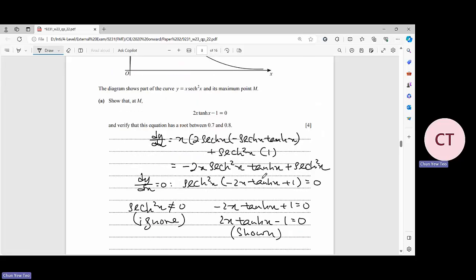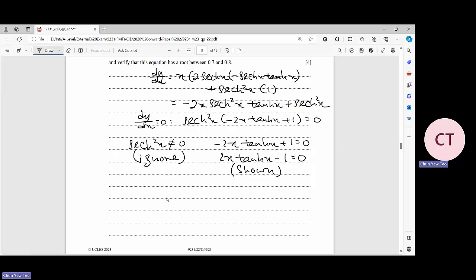Then the question wanted to verify that there is a root between 0.7 and 0.8. That means you can see that you have only one maximum, so you have one value that will fulfill this condition equal to 0. How do you verify that? What you need to do is just let f(x) equals 2x tan x minus 1, and you put 0.7 inside and 0.8 inside. Using the calculator, you get f(0.7) is negative 0.154, and f(0.8) will be 0.0625.